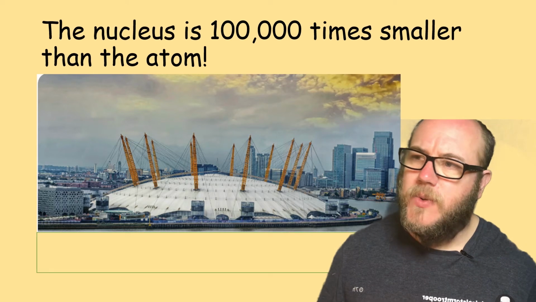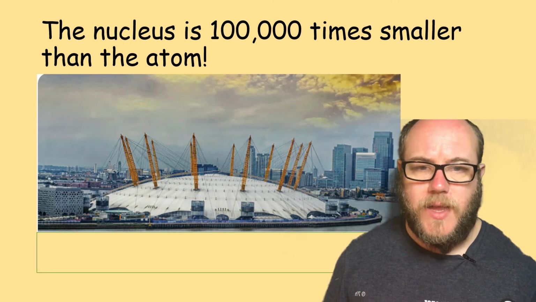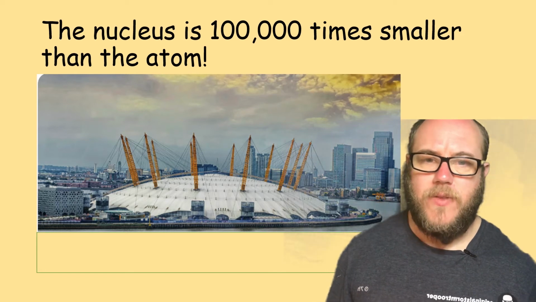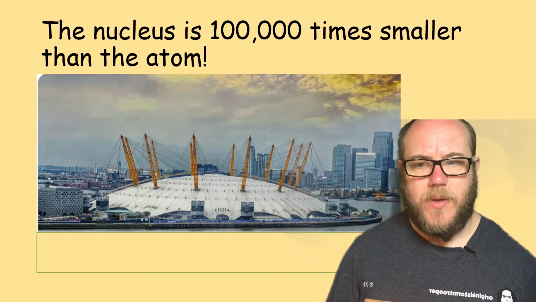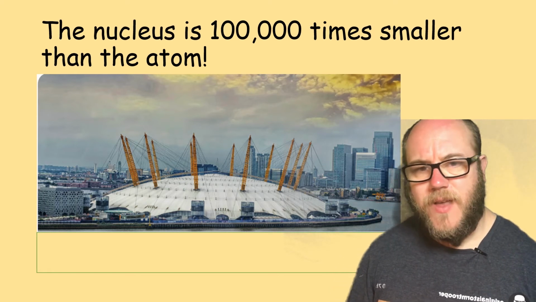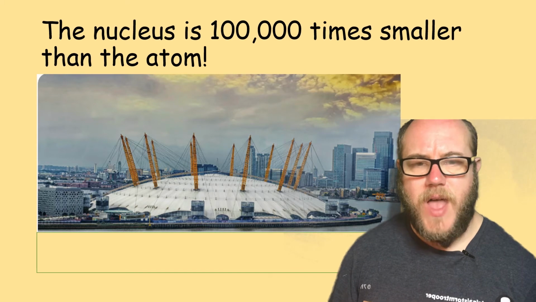And we come back to our analogy of the universe. It's crazy to think of all of the empty space around us and all of the empty space that makes us up. So the nucleus is 100,000 times smaller than the atom itself.